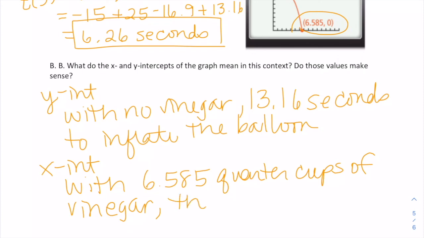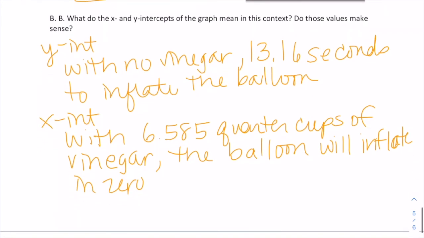The balloon will inflate in 0 seconds. Well, that doesn't make sense either, because that'd be faster than lightning. So if it was going to inflate in 0 seconds, something instantaneous would happen, right? So that doesn't make sense.